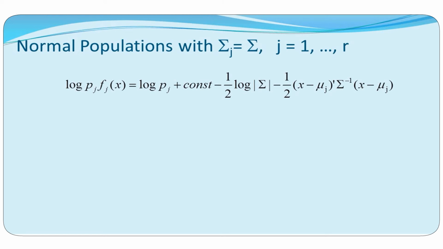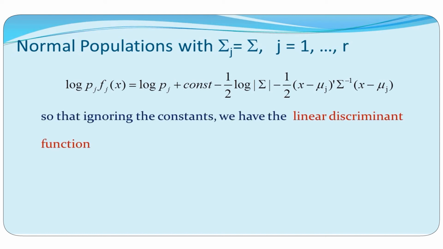Of the 4 terms on the right hand side, the first is log p_j, the second is a constant, the third is also a constant, and the fourth again depends on j. So we can discard the second and third terms and keep just the first and fourth terms.